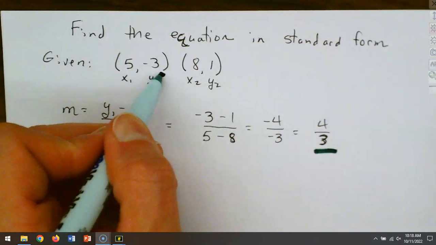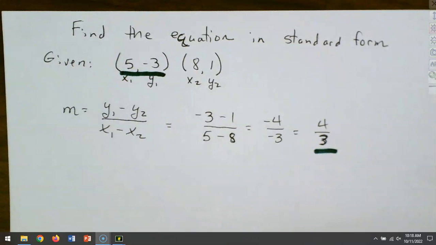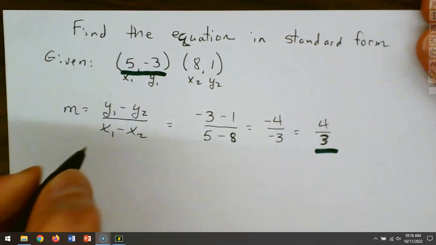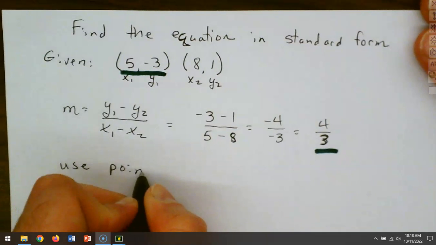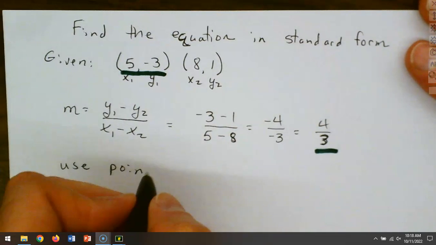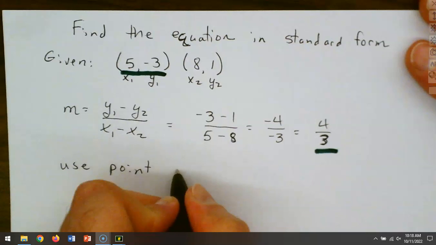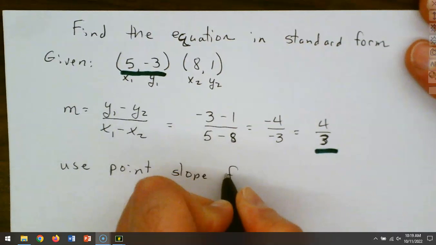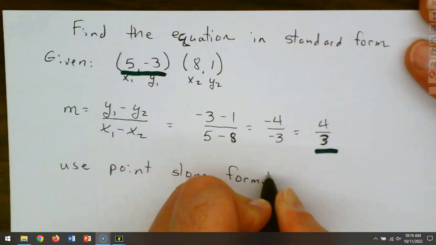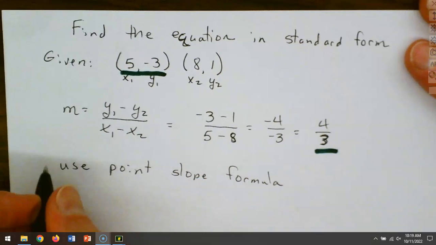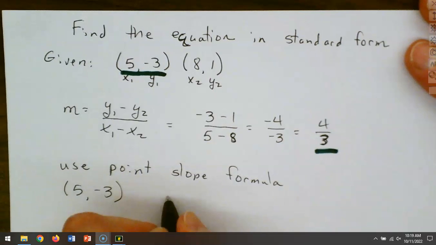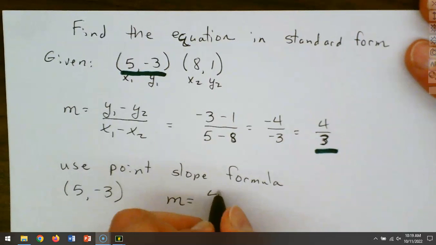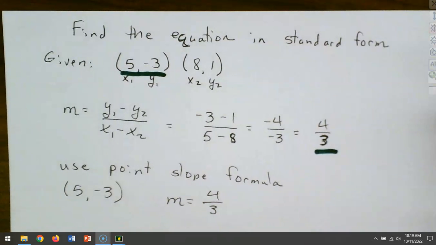I'm just going to use this one here, the (5, -3). So we're now going to use the point slope formula, with the point (5, -3) and the slope that we found, which was 4/3.